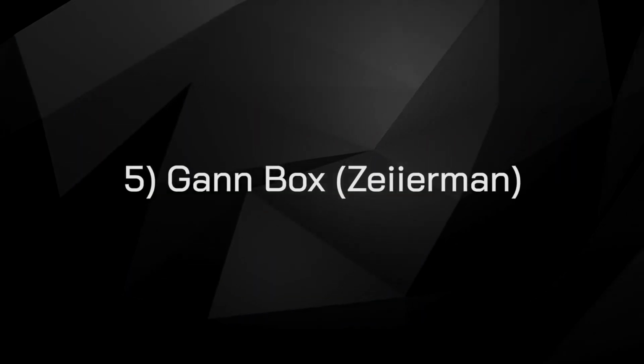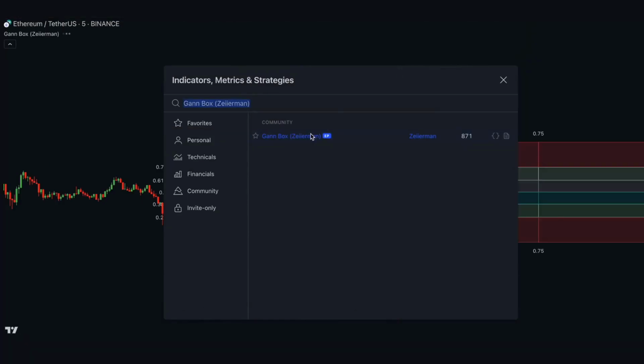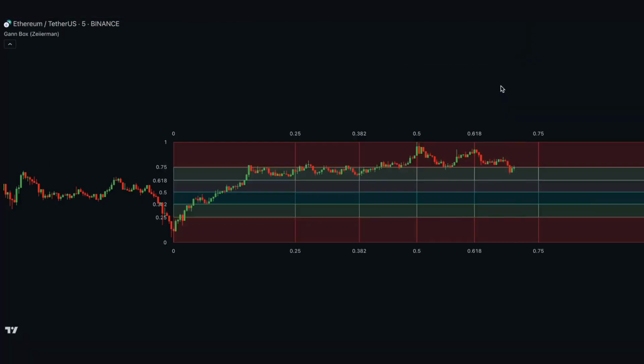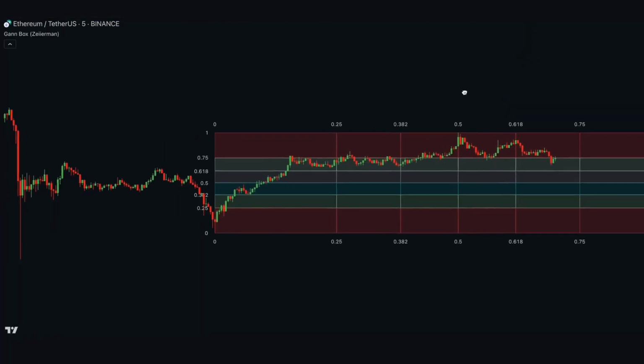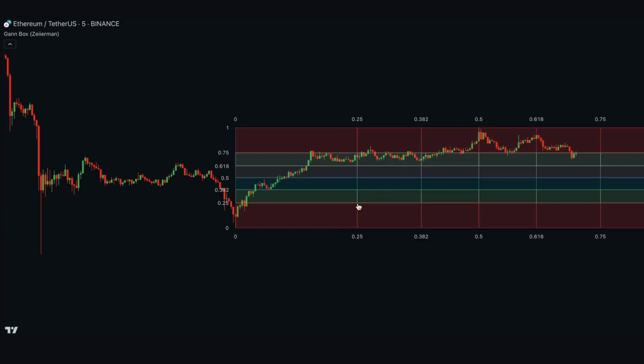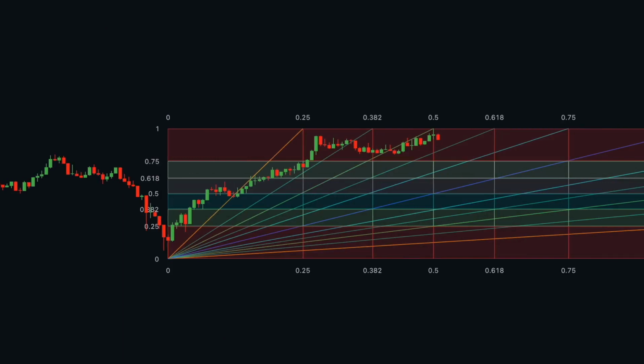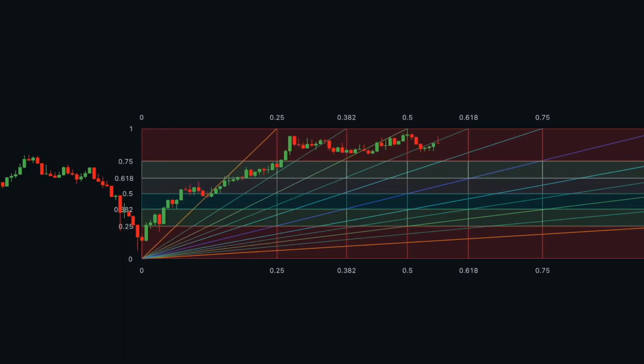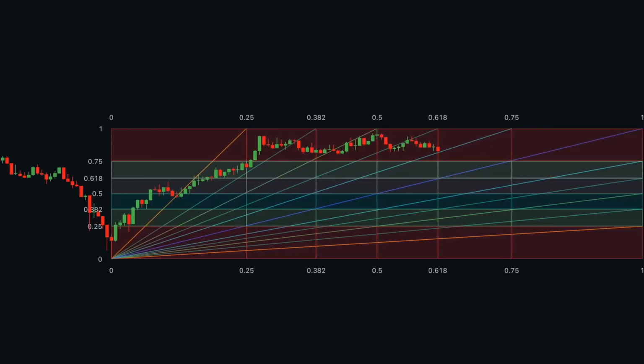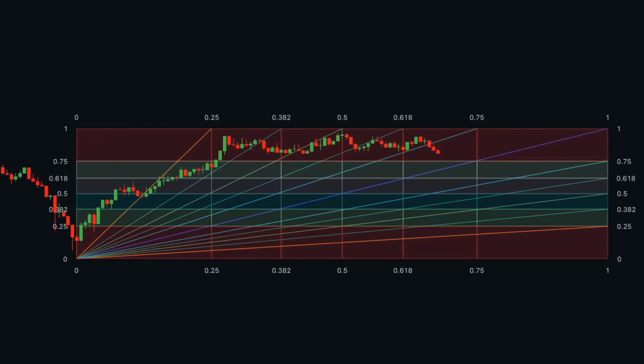Next up in my ranking is an indicator called the GAN box by Zierman. The GAN box is an indicator that generates visual insights using the principles of W.D. Gan's trading methods. Gan's techniques are based on geometry, astronomy, and astrology, and are used to predict upcoming price levels and market trends.